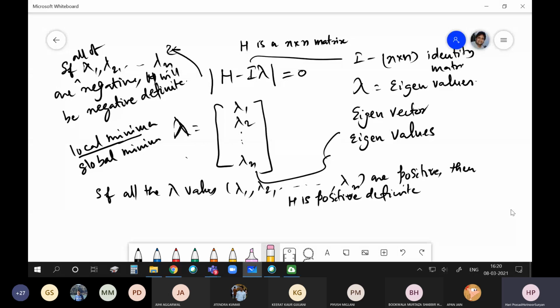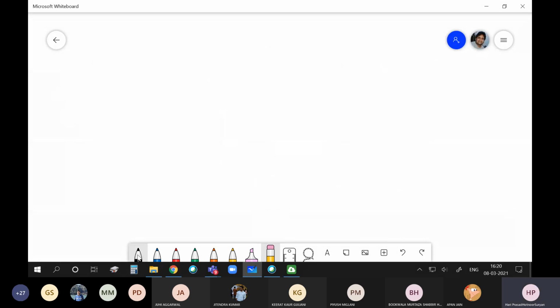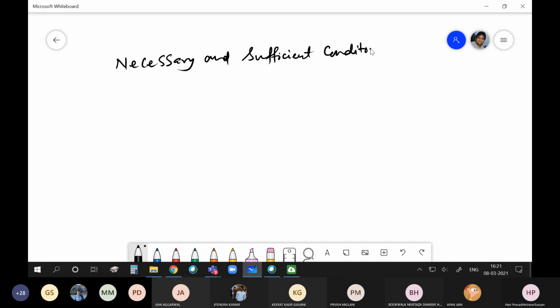Now we can write down the necessary and sufficient conditions for minima and maxima.